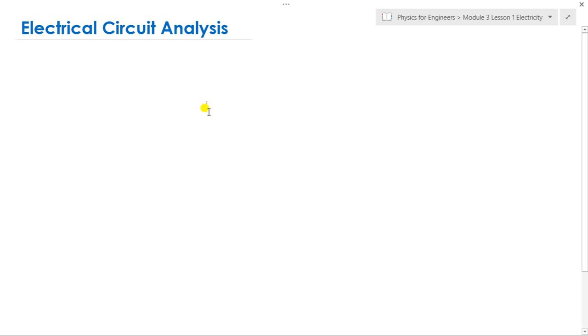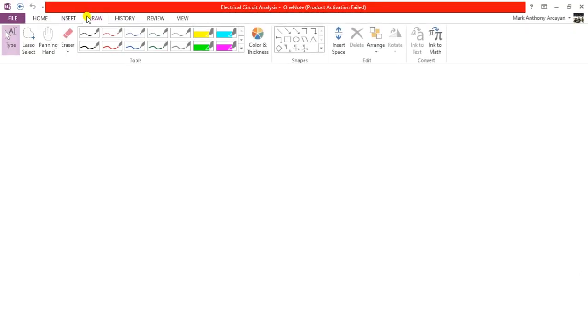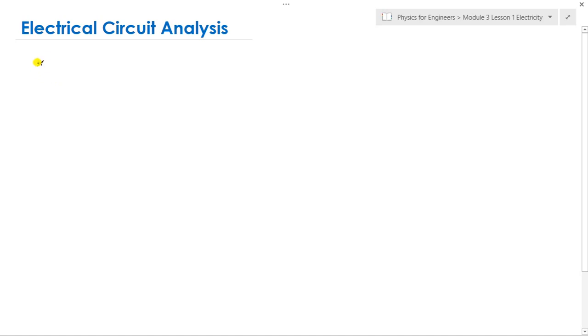So let's jump to electrical circuit analysis. In analyzing electrical circuits, we need to know of course the configuration for each circuit, and we're going to start with the series circuit.